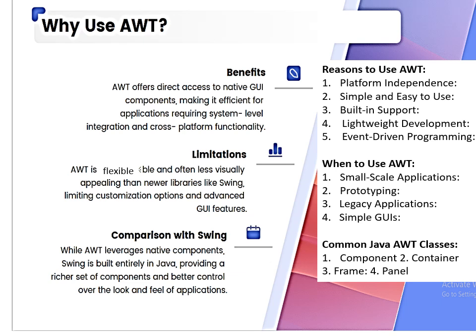Comparing AWT with Swing, while AWT leverages native components, Swing is built entirely in Java, providing a rich set of components and better control over the look and feel of applications.